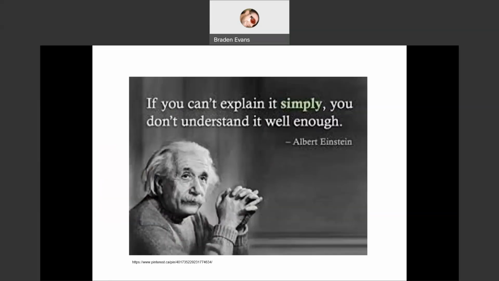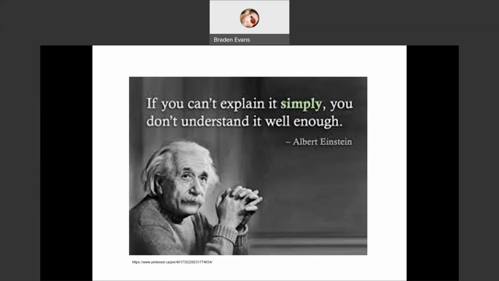And this pretty smart guy, Albert Einstein, told us all: if you can't explain something simply, in simple terms that everybody can understand, then you yourself don't understand it well enough. As a scientist, I always take on the challenge. I know a lot about insects that average people don't know.